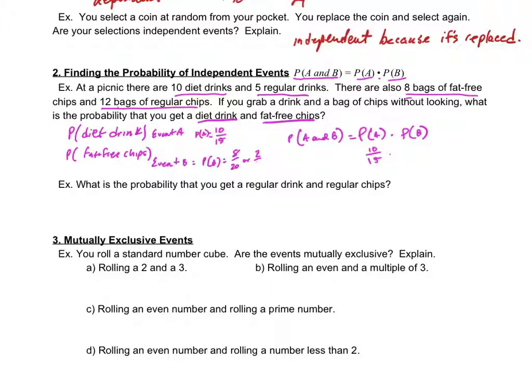So that's going to be 8 over 20, which is 4 over 10 or 2 over 5.